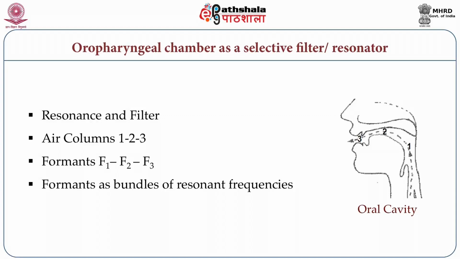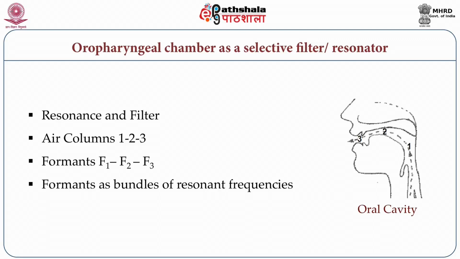Now, the oropharyngeal chamber is like a bent pipe, and in this picture that you can see before you, this bent pipe shows one major modification at the turn where the air flow goes straight up and then turns through the oral chamber.